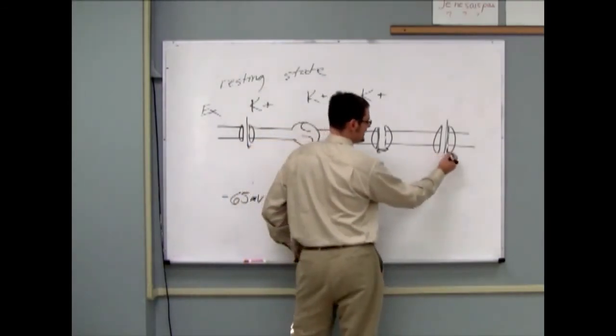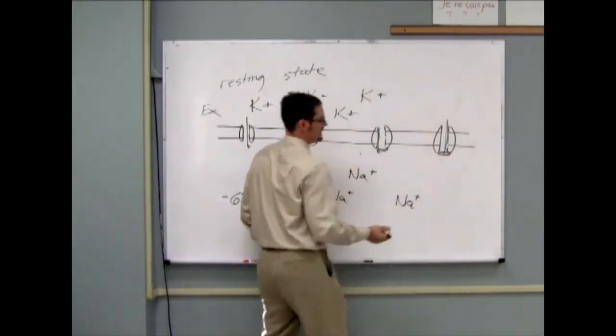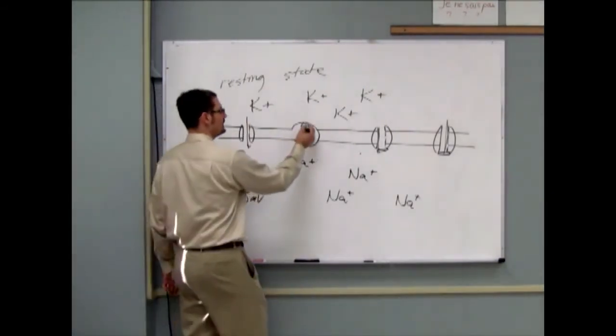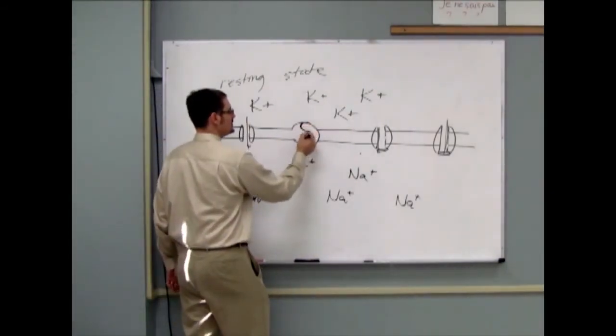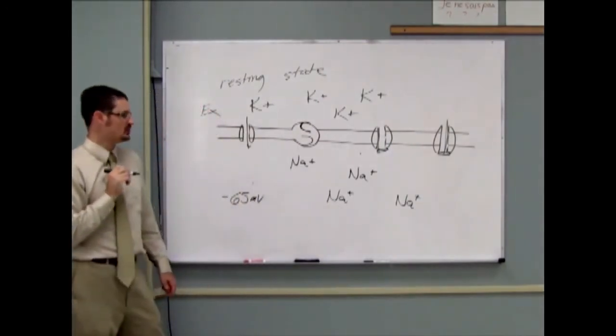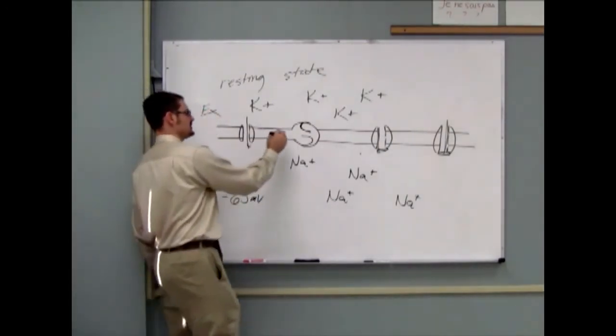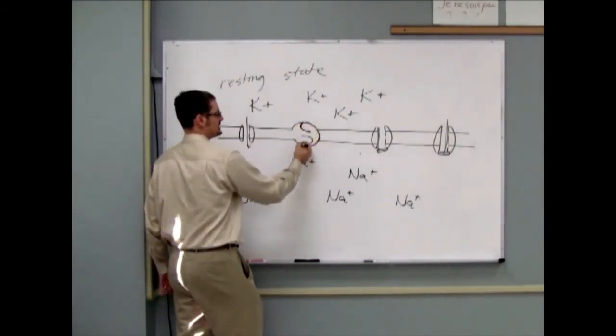At this point, there's a deactivation of the voltage-gated potassium pumps. And we return to one of the original pumps in this process, which is going to be the sodium-potassium pump.